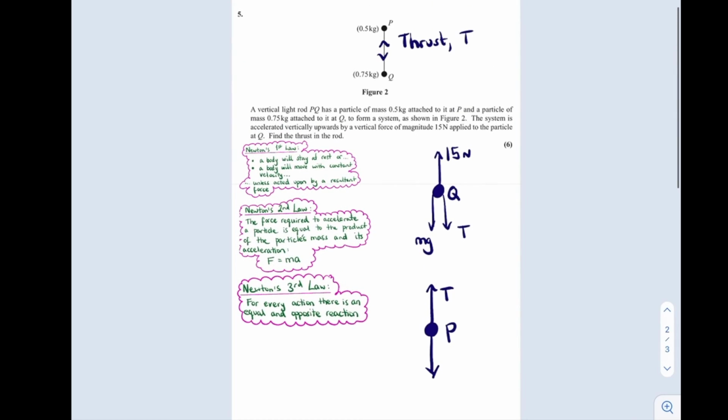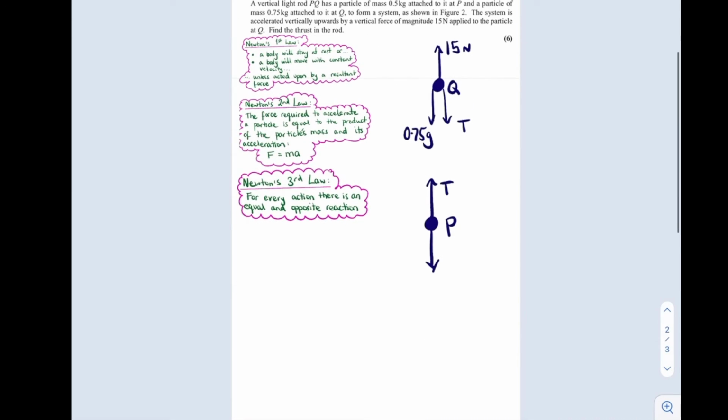So what I'm going to do here is change that M, because they have different masses, to 0.75. And the weight force acting on P is 0.5 g.